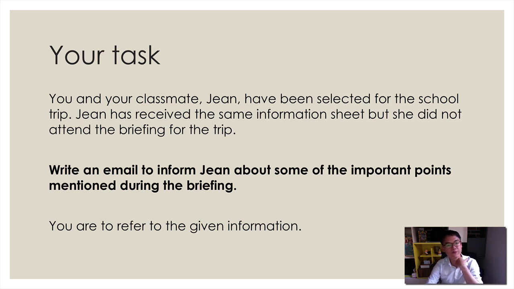So we have a briefing that Jean has missed. You are supposed to update Jean, because she's your classmate, about what she's missed. So let's spot the purpose, the audience, and the context.